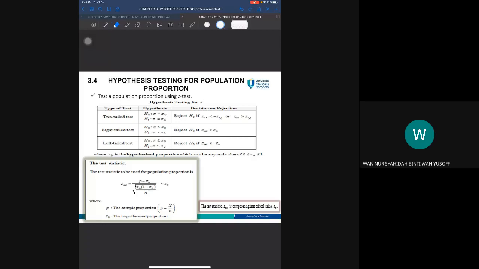The parameter that we use here is pi. Similar to the confidence interval, we use the Z distribution, so here you will have the Z test. We have pi here, and on the right-hand side we have pi note. Be noted that this pi note is between 0 and 1 only.